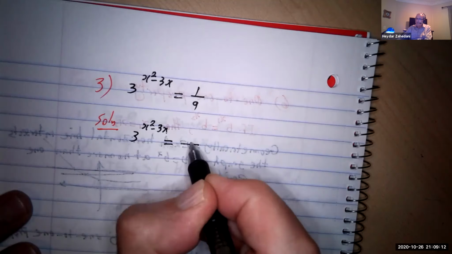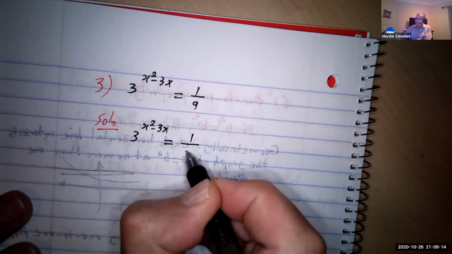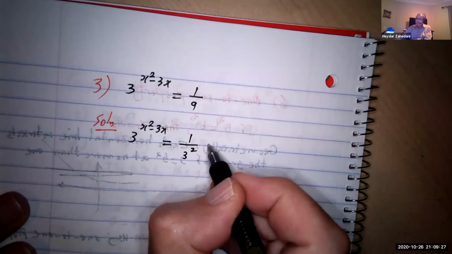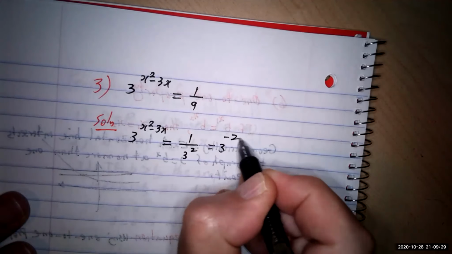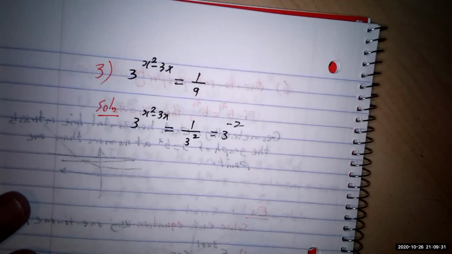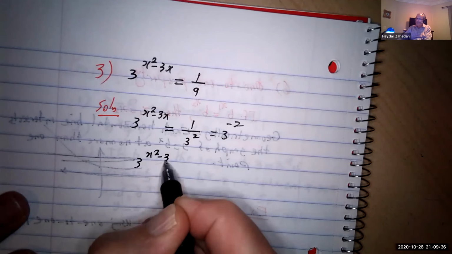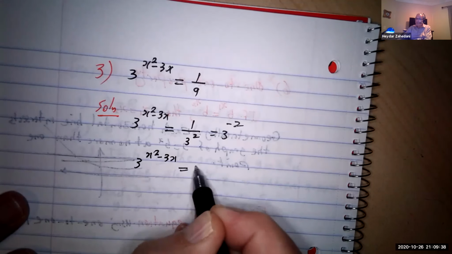It's going to be 1 over 3 squared. Now we can move the 3 squared up. You see? Because there is no other choice. So we write it down as 3 to the negative 2. Okay, any question?